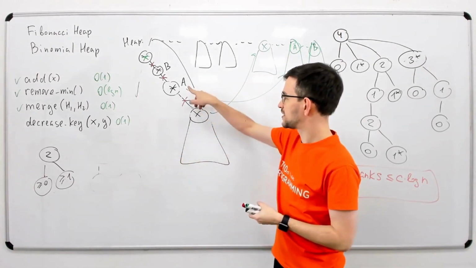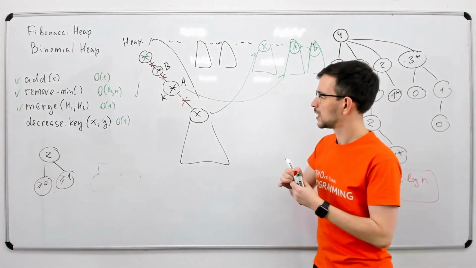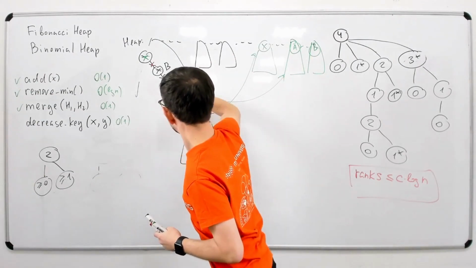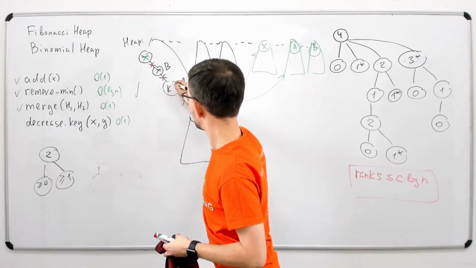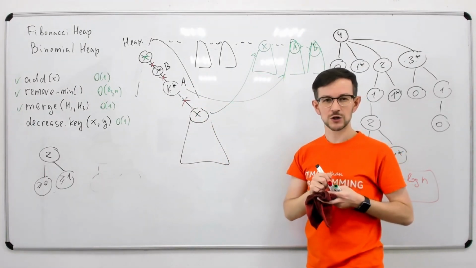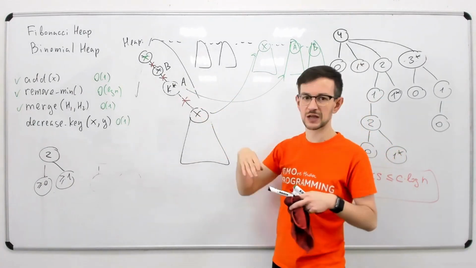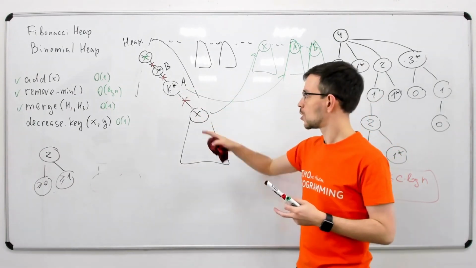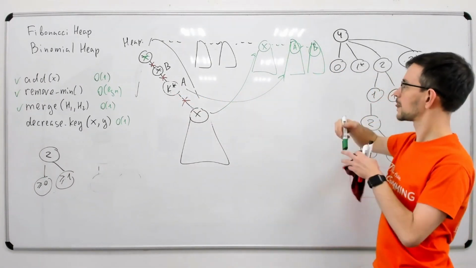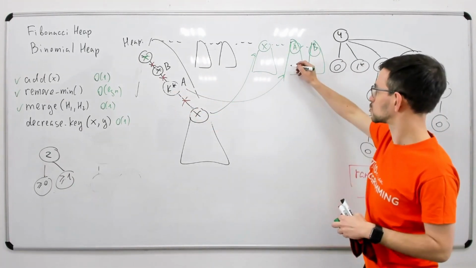So, for example, if this tree A has rank k, with this mark it means that now it has k minus 1 children. Then we remove one more child. It means now it has k minus 2 children. So when we move it to the root list, we just remove this mark and say that it is a normal tree of rank k minus 2.